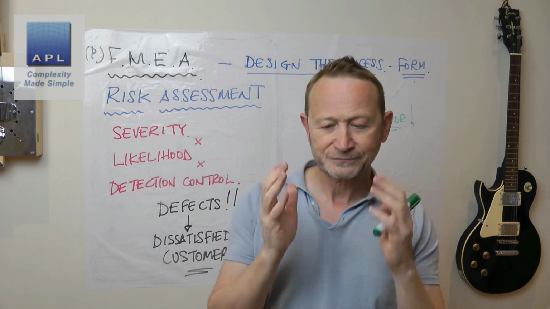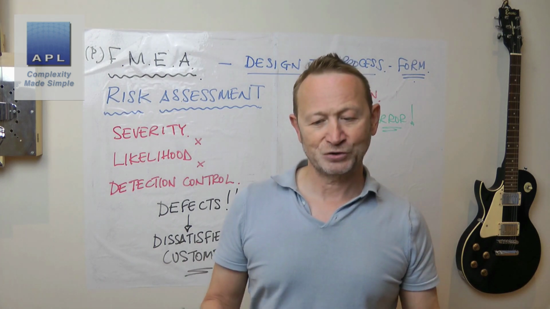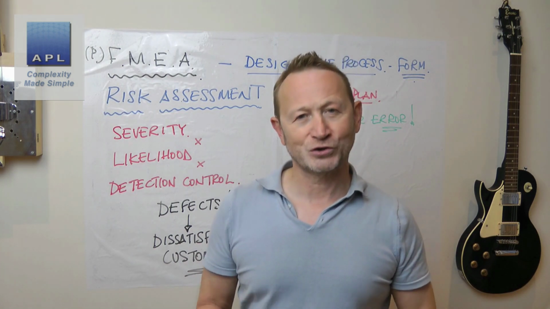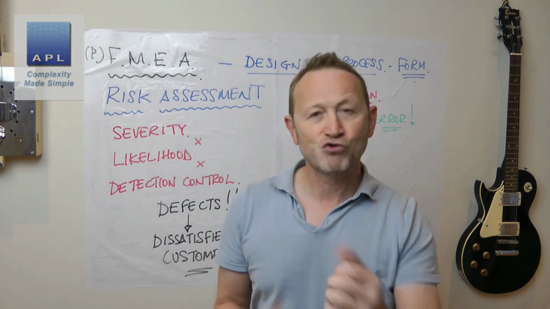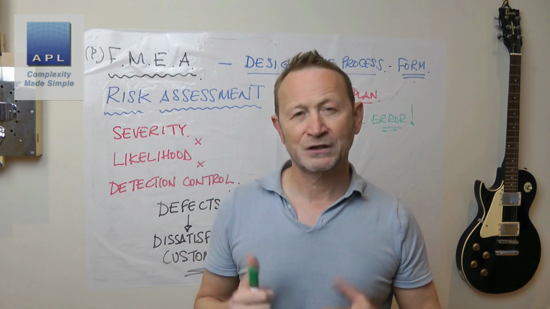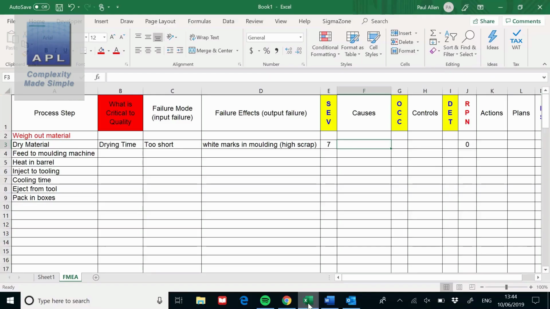Okay, so what are the potential causes for making the mistake? So drying time, too short. What's the potential cause of making that mistake? Let's put something in the box.